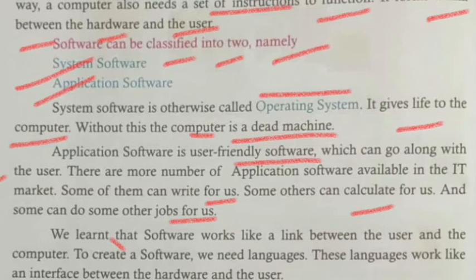We learned that software works like a link between the user and the computer. To create a software, we need languages. These languages work like an interface between the hardware and the user.